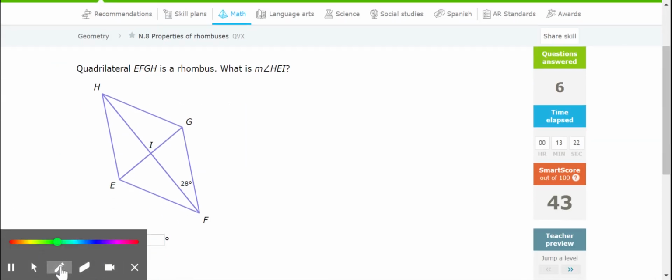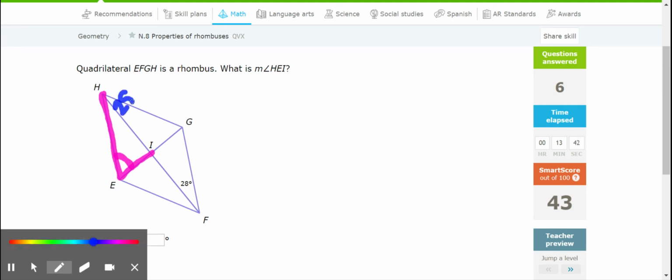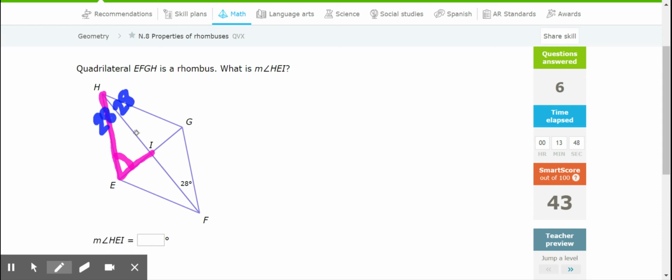Okay? So this problem is asking us for the measure of HEI. HEI is going to be this angle right here. So like the times before, I know if this is 28, I know that this across from it is going to be 28. Both sides are going to be 28, and I know that where the diagonals cross in the middle is a 90-degree angle.